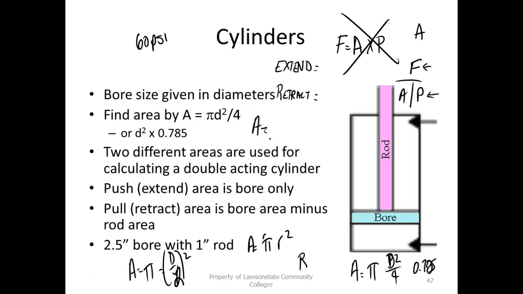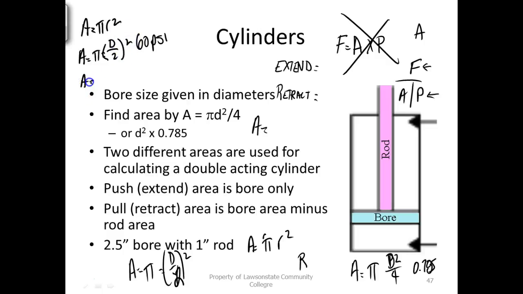Of course, you can use any of those. You can use whichever one you're comfortable with. The area would be equal to pi r squared. Or you could say the area is equal to pi times diameter divided by 2 squared.